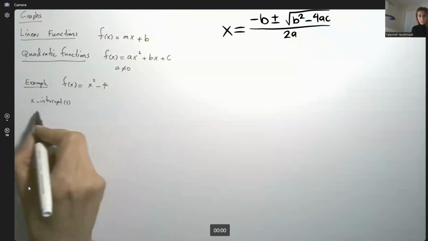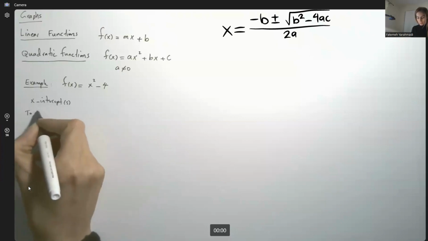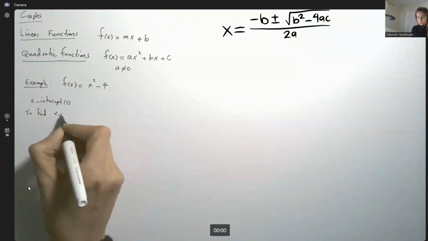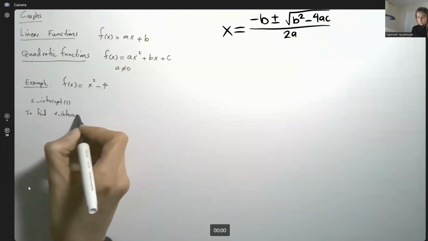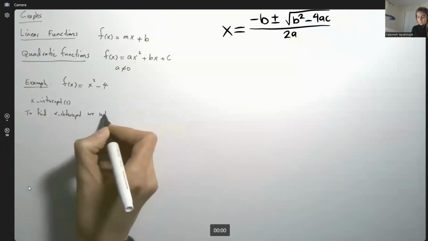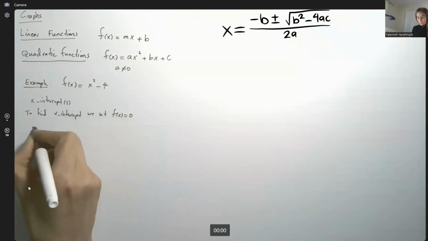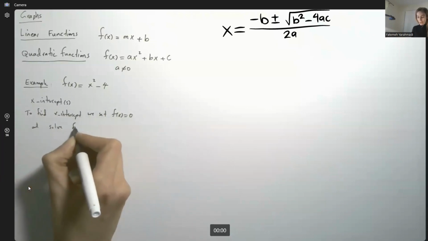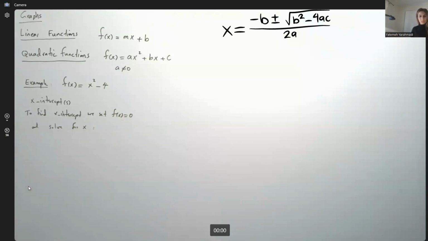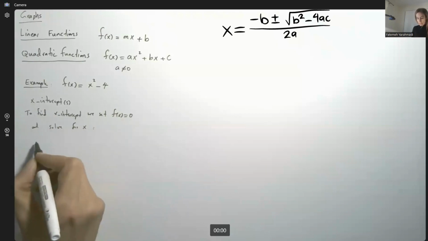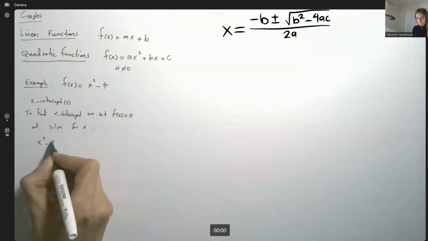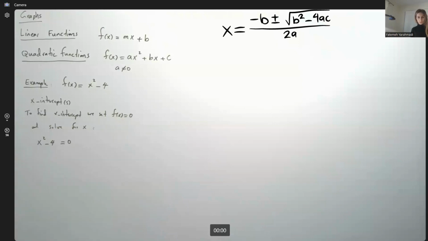Remember that to find the x-intercept, we set f of x or y equal to 0 and solve for x. So I have x squared minus 4 equal to 0.